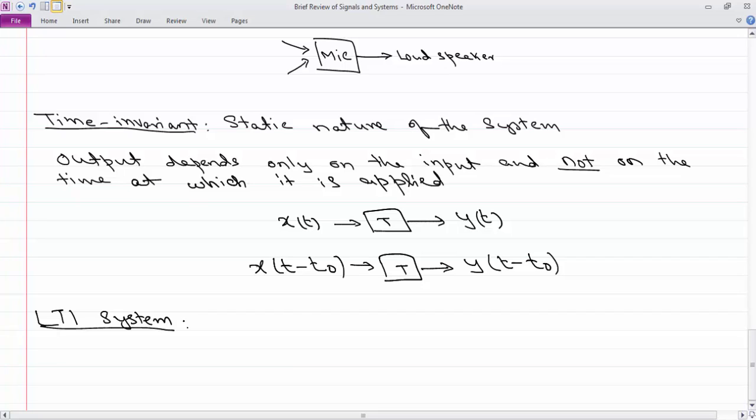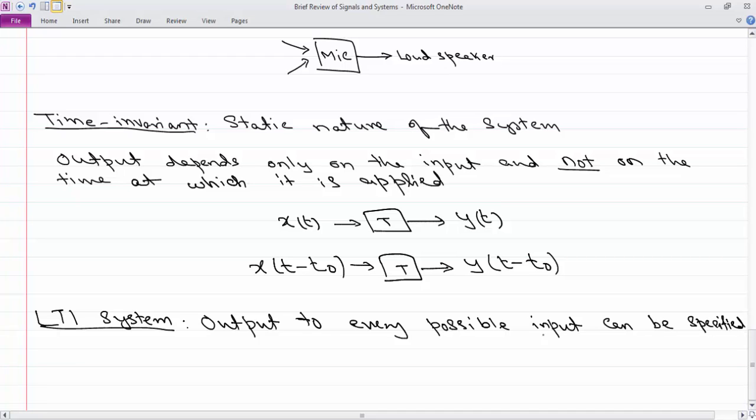But if you are a time invariant system, then something amazing happens, which is that output to every possible input can be specified as long as we know the output to a special input.